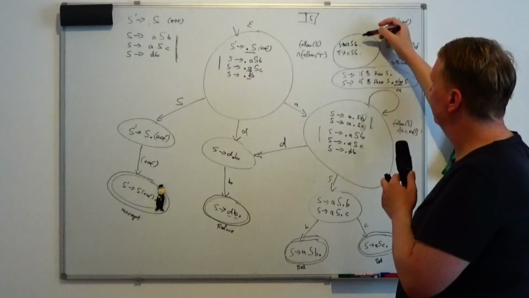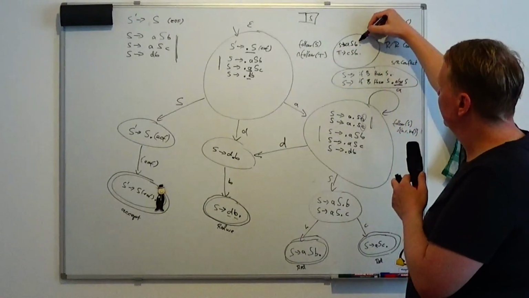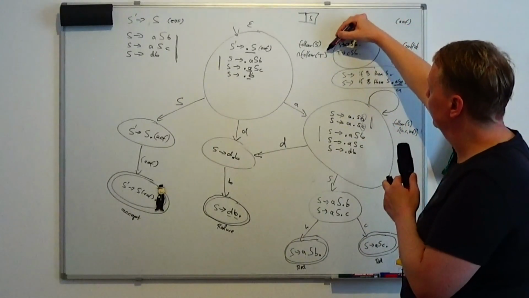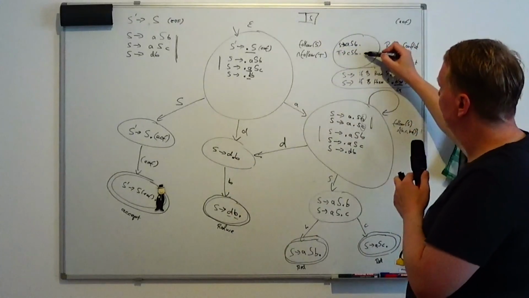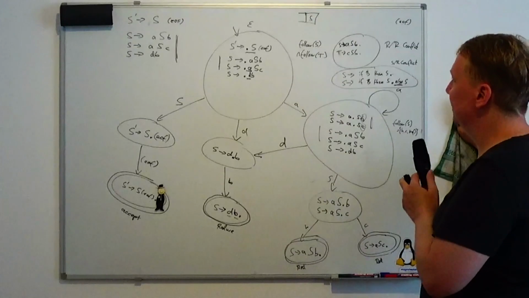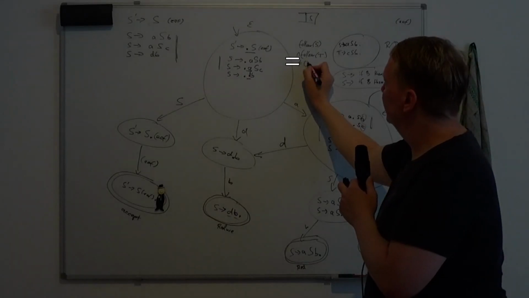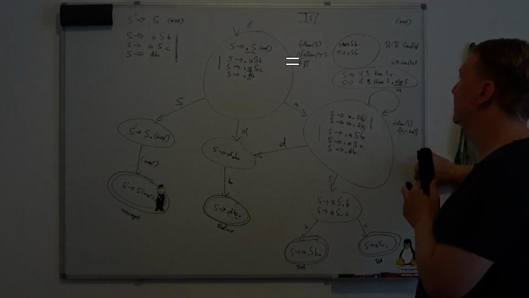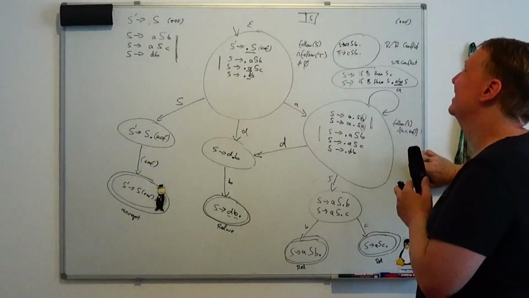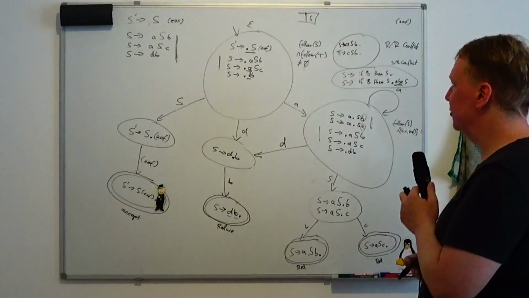We can say if the look-ahead is something from follow S, then we are using this rule. If the look-ahead is something from follow T, then we are using this rule. But for that to work, your follow sets need to be disjoint, and that's also something that doesn't really happen in practice that much.